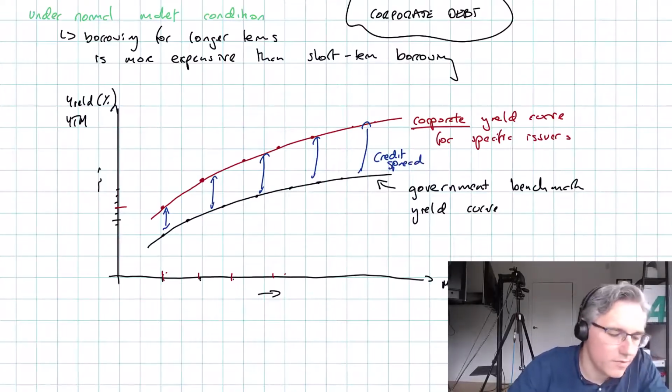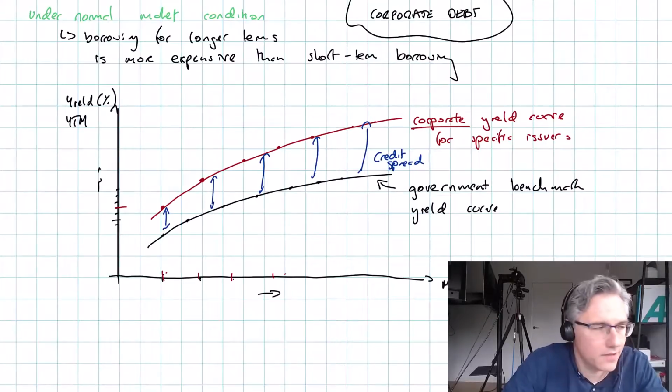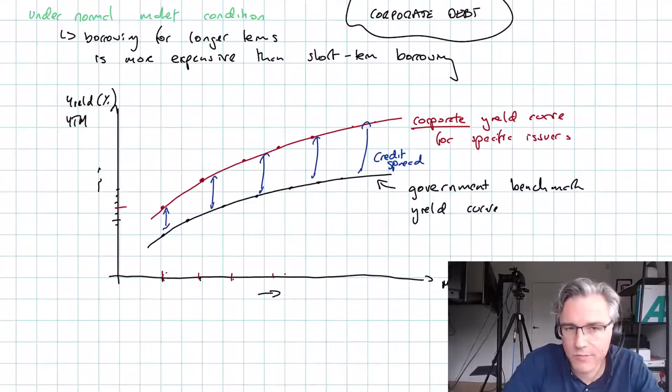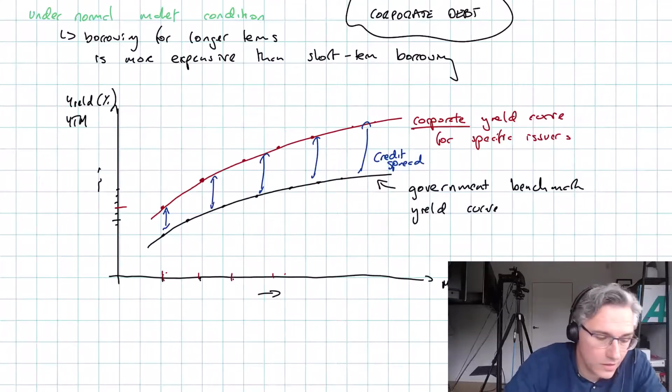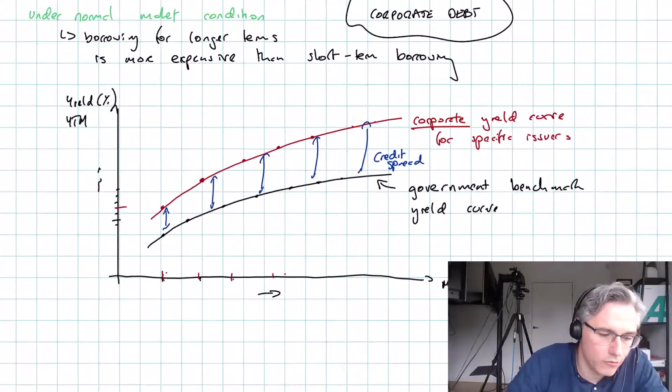And it is very much correlated to the quality of the issuer. The better the issuer is from a credit quality perspective, the lower that credit spread is going to be. But we typically deem the government to be the highest quality issuer in the economy, obviously under normal conditions once again. So there's always going to be that element of credit spread for corporate issuers.